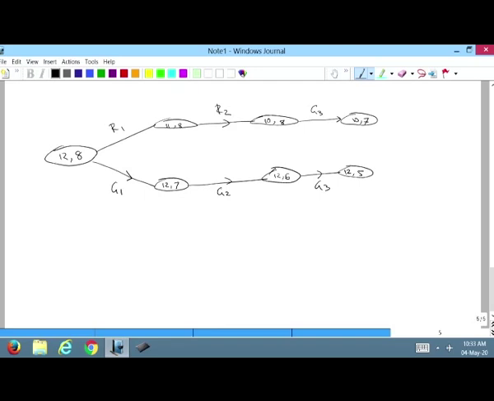So, what are the probabilities? This probability is 12 upon 20. Drawing a red ball, again drawing a red ball, that probability is 11 upon 19, and now drawing a green ball, that probability is 8 upon 18.